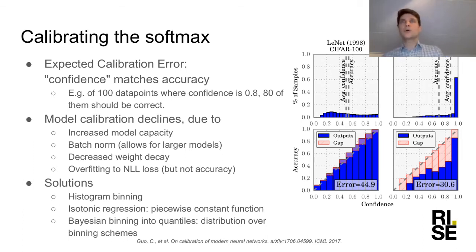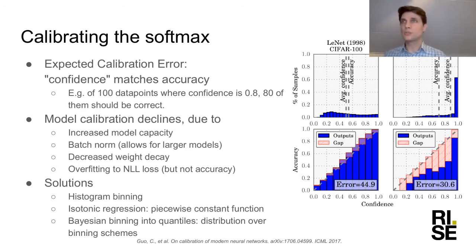So in the leftmost column in this image, we can see LeNet from 98 on the CIFAR-100 dataset. And the confidences of the predictions are largely spread out. And the confidence here is the probability assigned to the largest class, that is the classifier decision. And now if you look to the right, and you see the ResNet from 2015, you instead see that the confidence is very high for most of the decisions, and the tail towards lower confidence is much thinner.